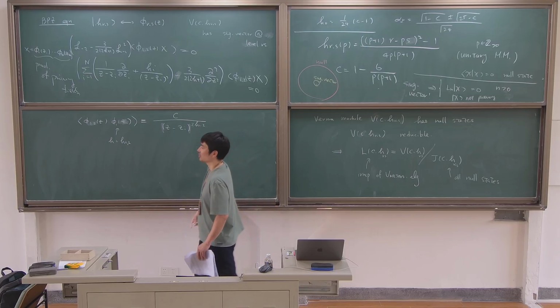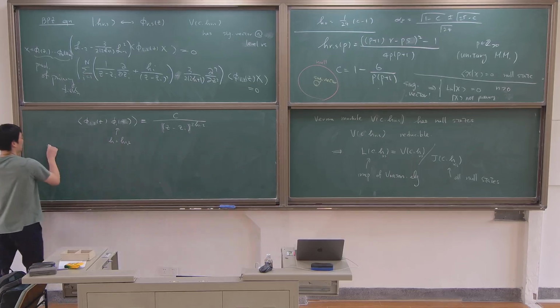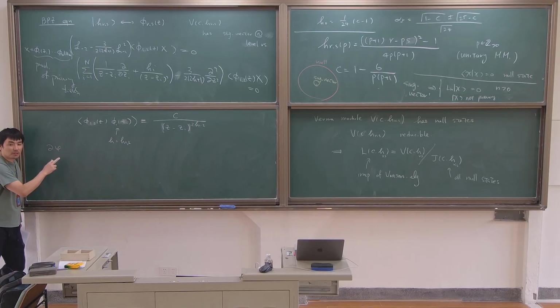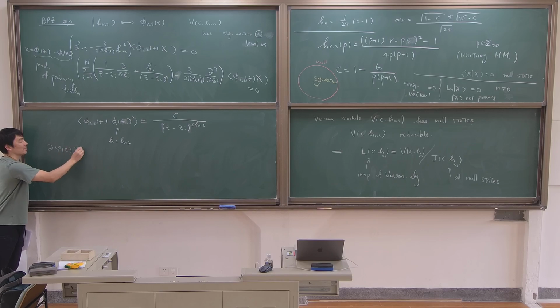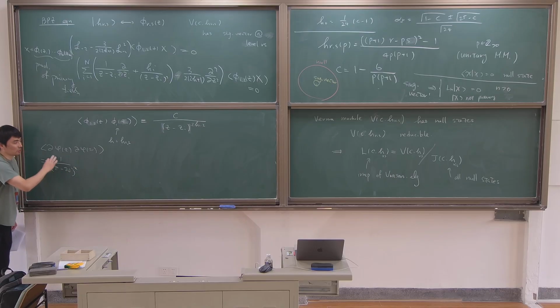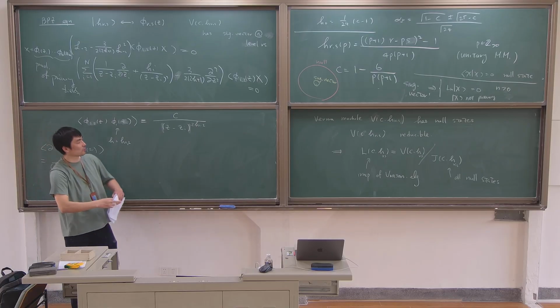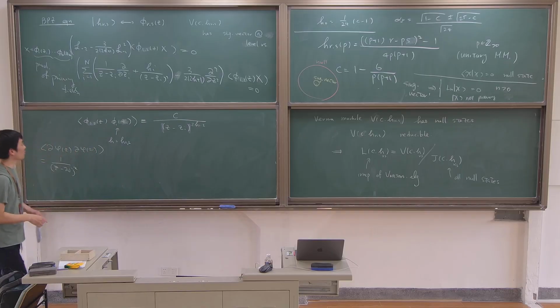Because for instance, in a free field, what is the conformal dimension of this one? 1, right? And if you consider this one, what's the power? 2. So these are primary in the free field, and 2 times 1 is 2. So this should be okay. So this is a two-point function.